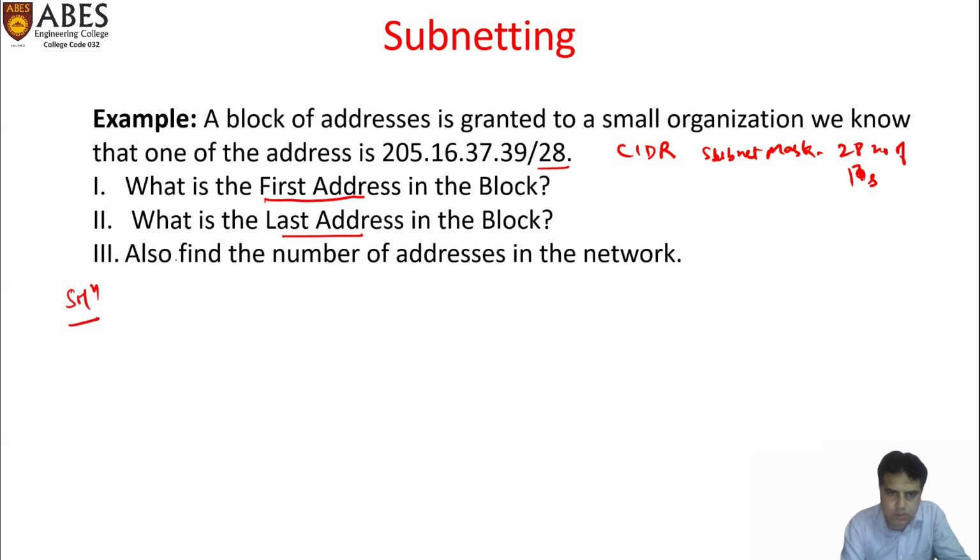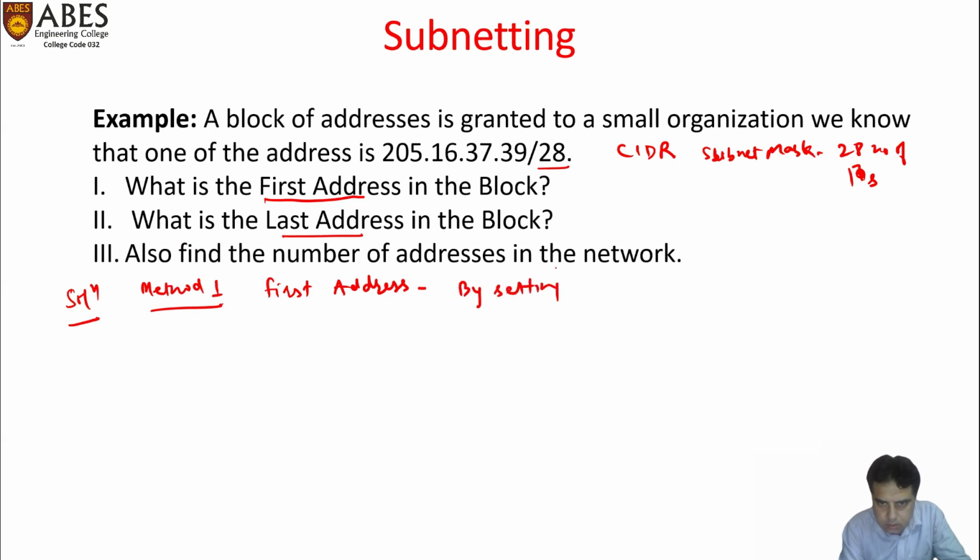There are two methods to solve this question. To calculate the first address, we set the rightmost 32 minus n bits to zeros, where n is this 28.